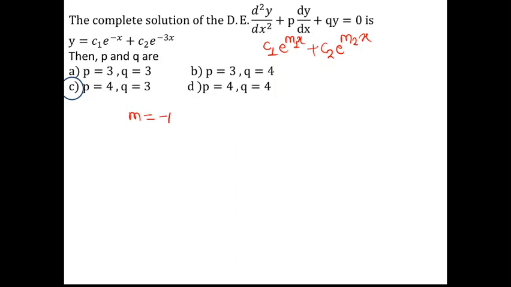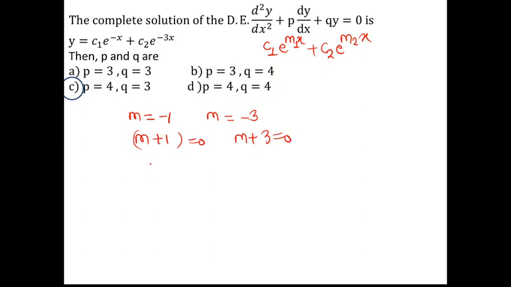So m1 is -1 and m2 is -3. The coefficient of x is m here, so m is -1 and m is -3. These are the roots of the auxiliary equation. So what will its factors be? Its factors will be m plus 1 equal to 0 and m plus 3 equal to 0.